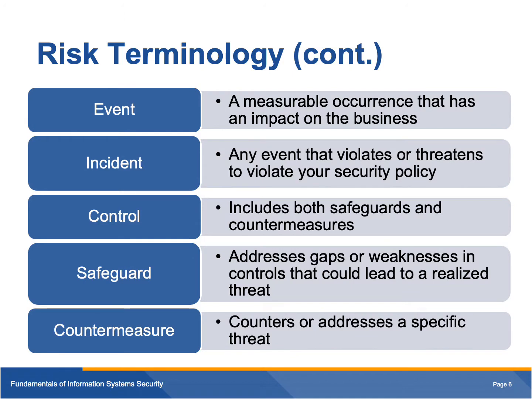About events: events are measurable occurrences, the possibility of something happening at some point in time, and we can measure this thing happening and measure the impact that it could have on the organization. The incident is the actual occurrence of the event. We're going to talk about controls, which are safeguards.